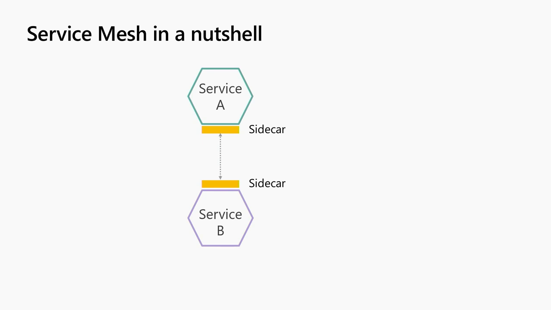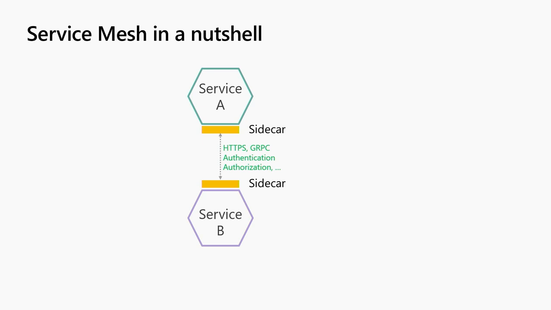The sidecar can also turn the connection into an HTTPS connection, or into a gRPC connection, for example. It also enables authentication, and authorization for service-to-service calls as well.